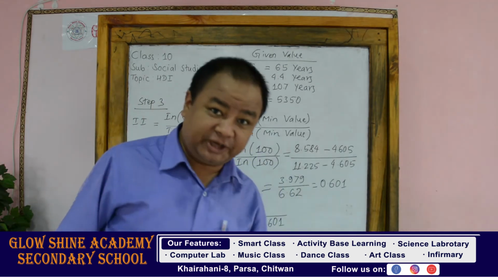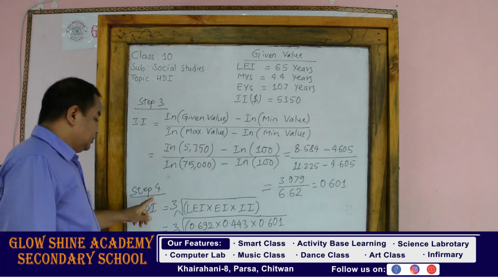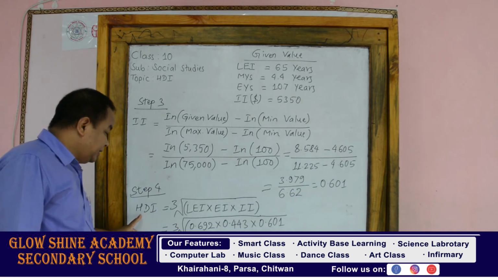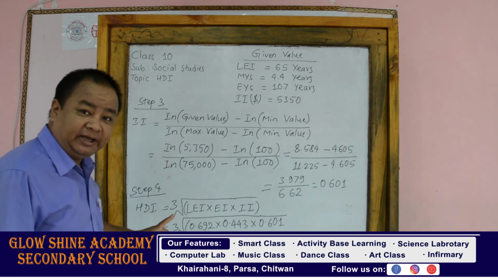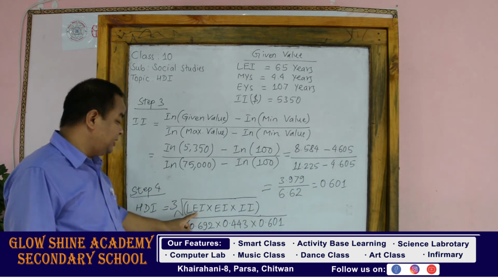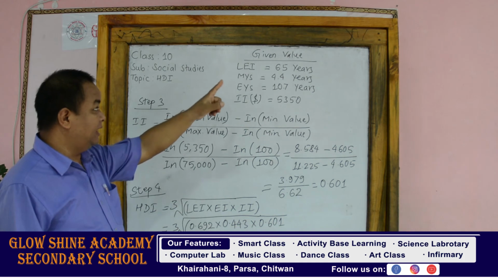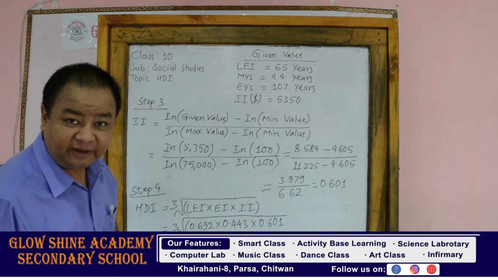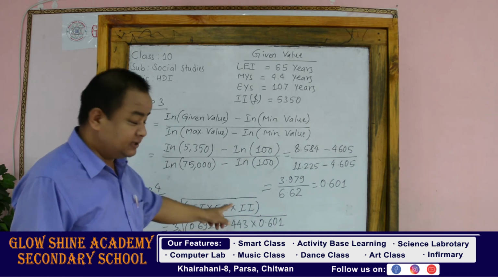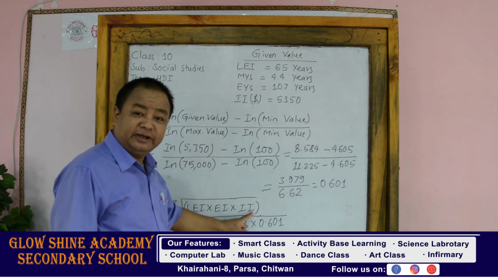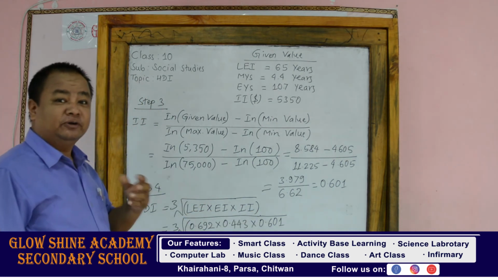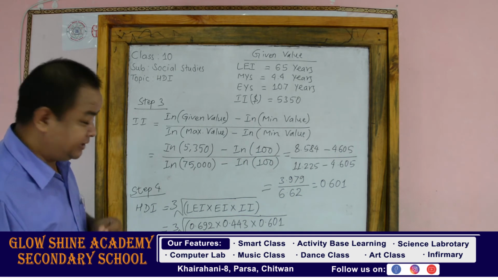We can calculate the SDI by using the formula cube root, where LEI means life expectancy index, EI education index, and II income index. They are multiplied to calculate the SDI of the country.